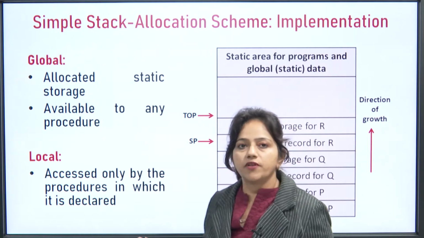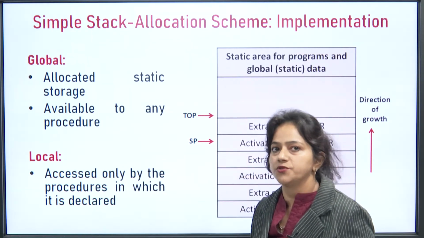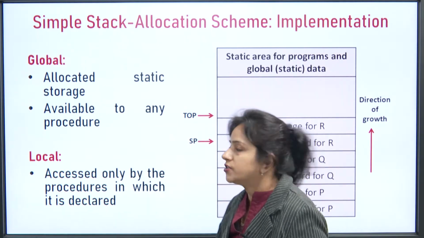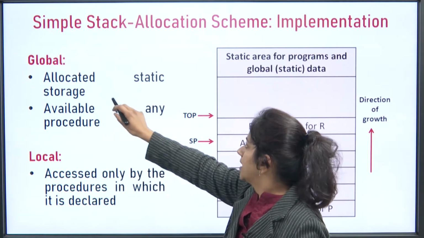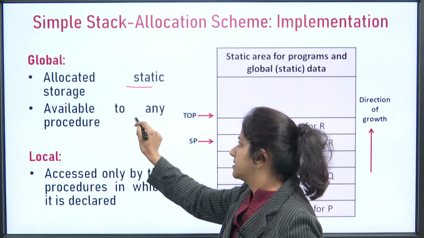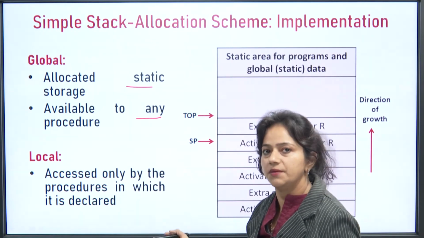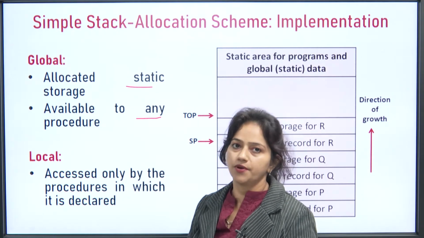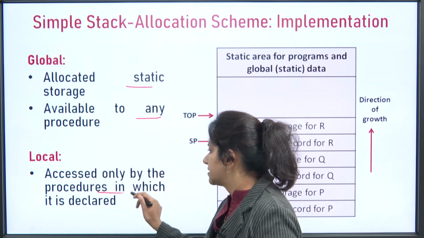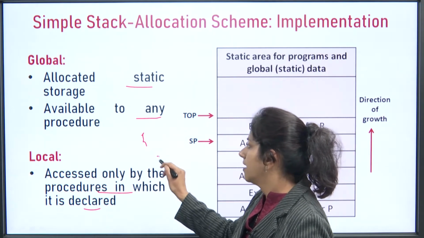If we talk about the variables, there can be two types of variable, one is global and the second is local. Global means they are allocated static storage and are available to any procedure defined in the program, and local means they can be accessed only by the procedures in which they are declared.